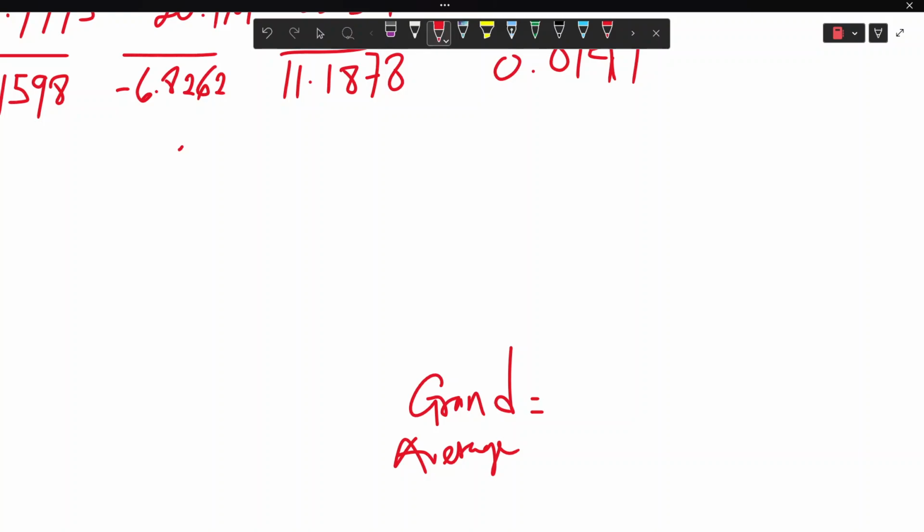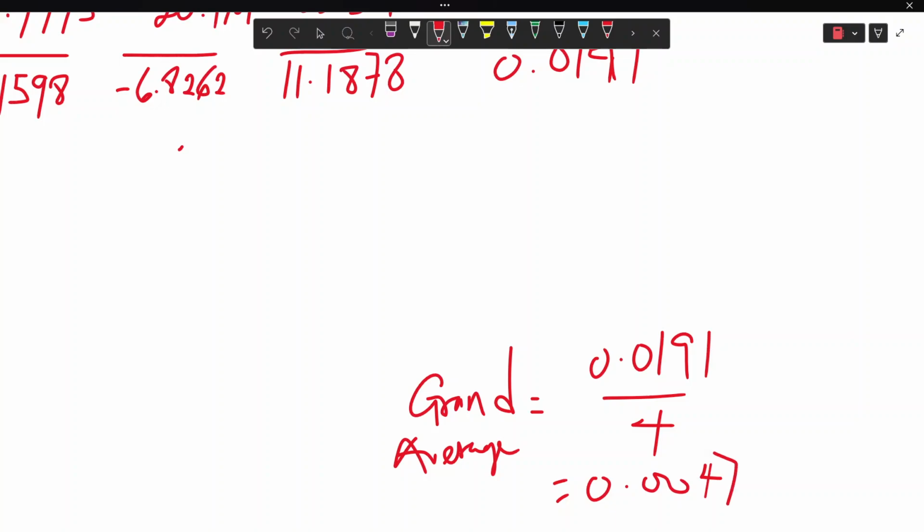The grand average, which is 0.0191 divided by 4, giving us 0.0047775.